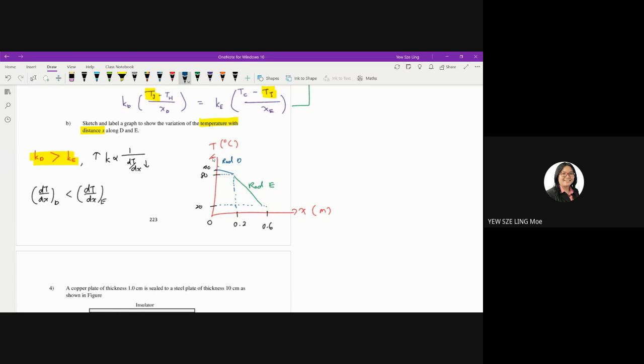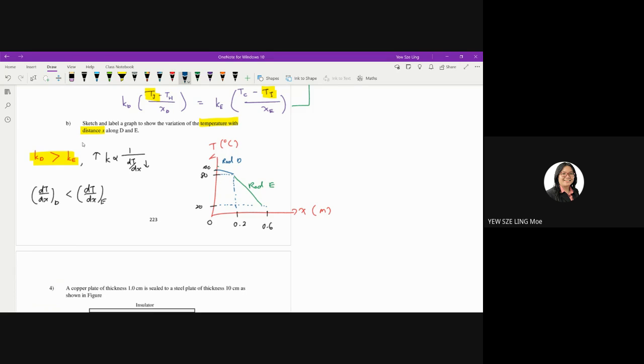So if you're not given any value, you just have to make sure you have the right shape. You just have to show which one is steeper in your questions. Sekiranya anda tidak diberi nilai. In this question you have the values. Now in the exam, in case you're scared that you might have the wrong shape, then you just draw it according to the actual scale.